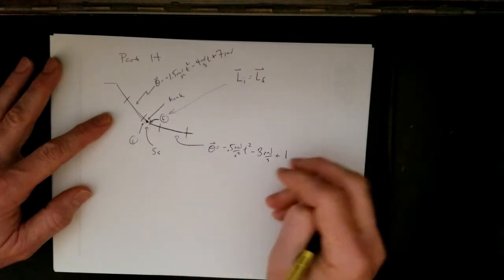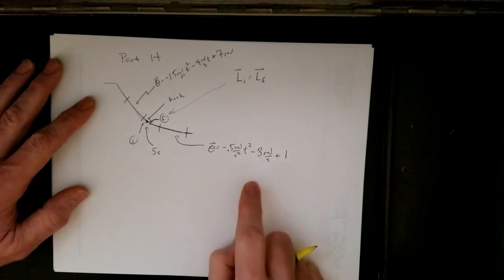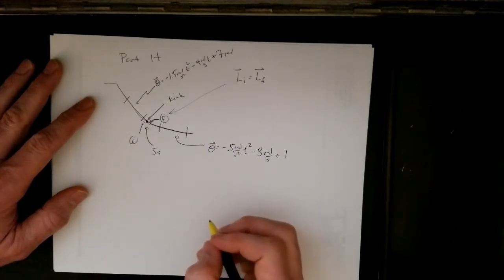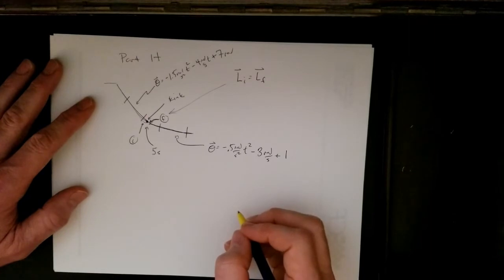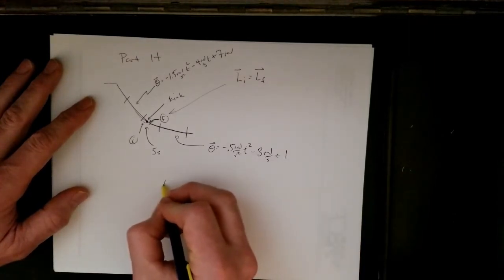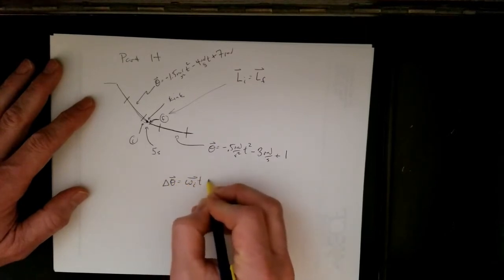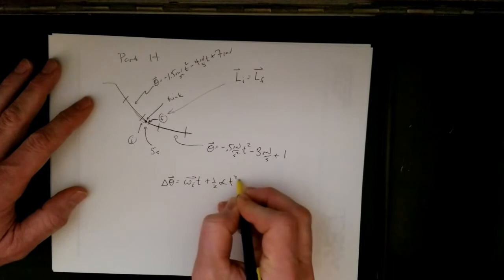Now, these equations here are classic CAKE formulas. These are the angular CAKE formulas, or in one source I wrote it as C-A-A-K-E. We know that delta theta is equal to omega I t plus 1/2 alpha t squared.